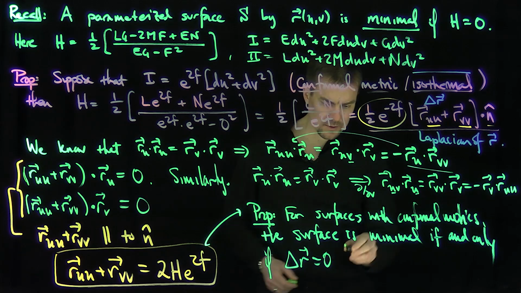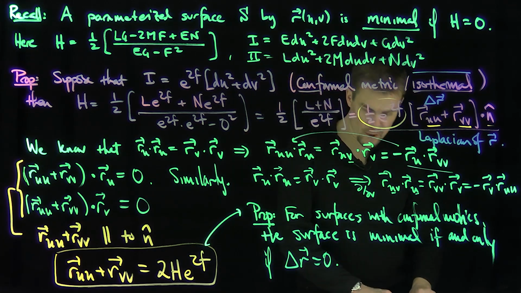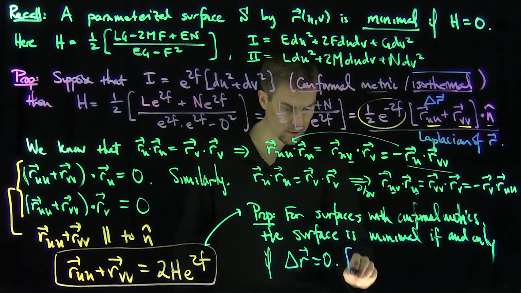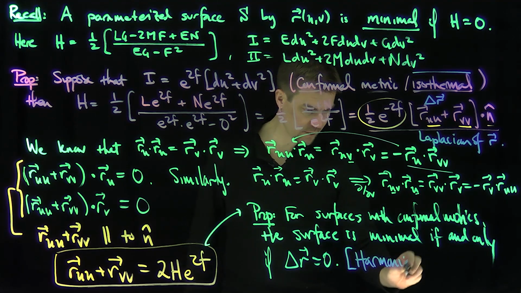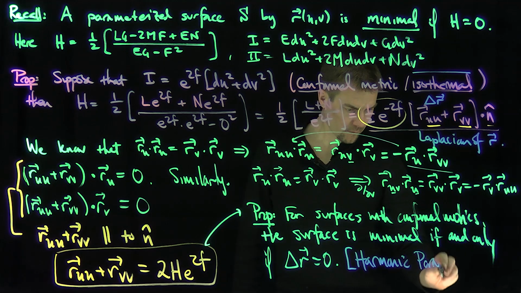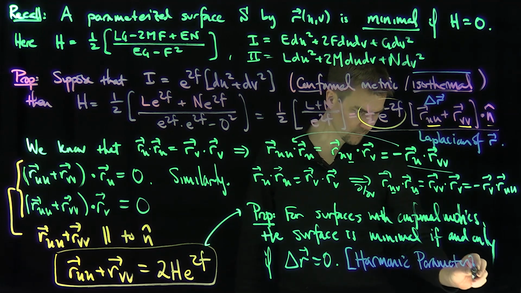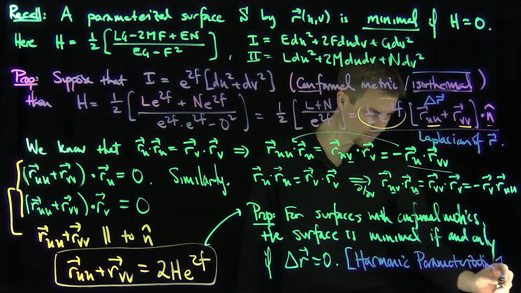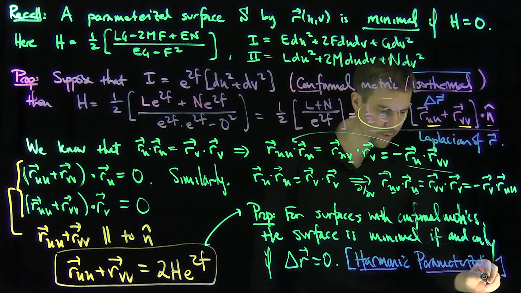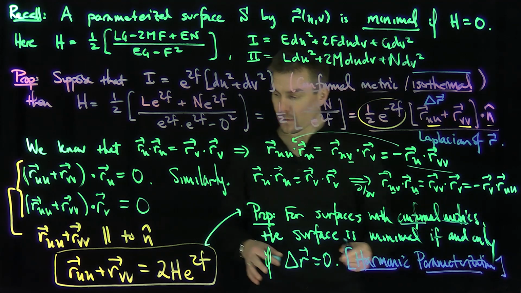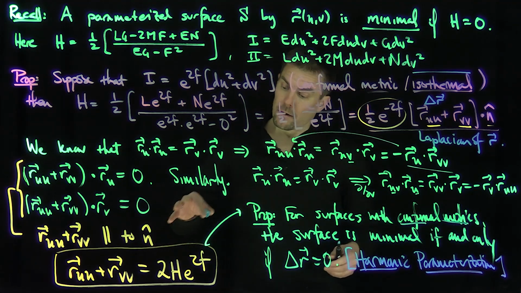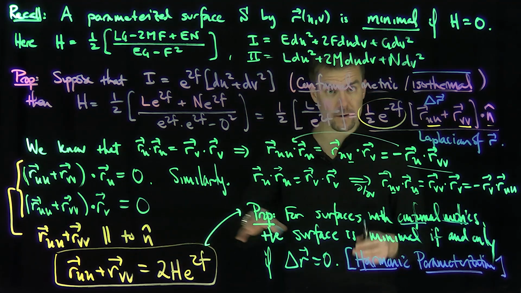In other words, you have a harmonic parameterization. So we've been able, at least for surfaces with conformal metrics, to relate minimal surface theory to harmonic function theory.